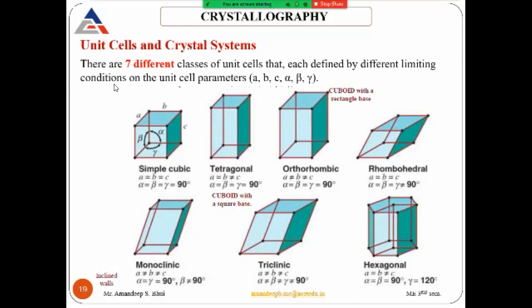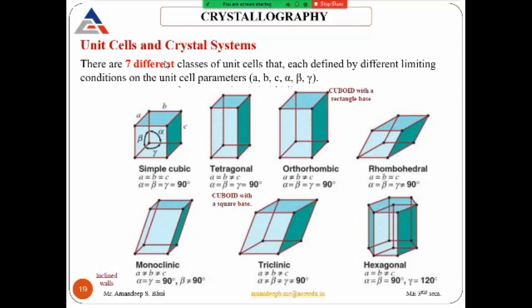Next type is your tetragonal. In tetragonal, the side of the base, that is a, equals b, but c is not equal to a and b. c here is long. But angles alpha equals beta equals gamma, all 3 angles are equal to 90 degrees.